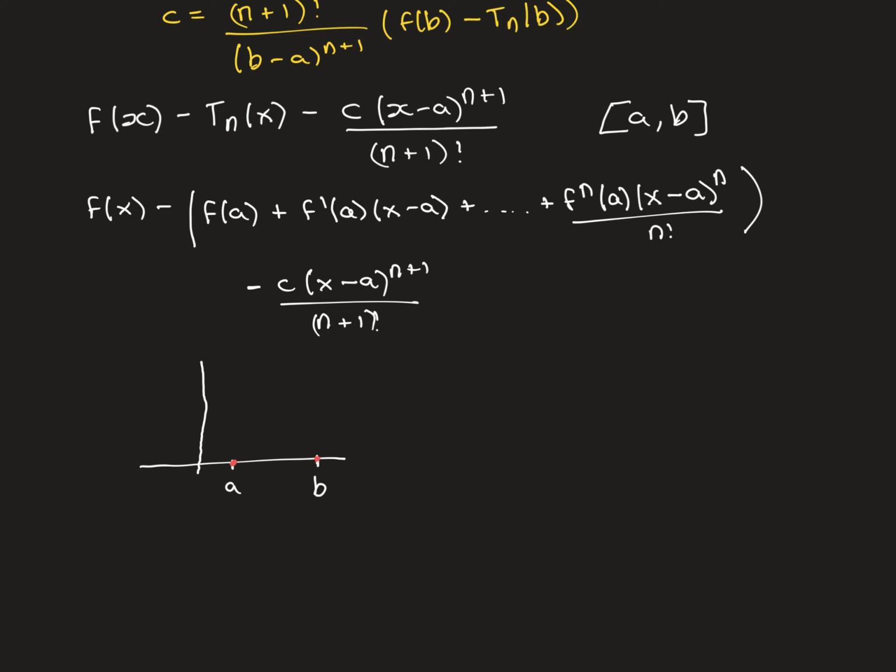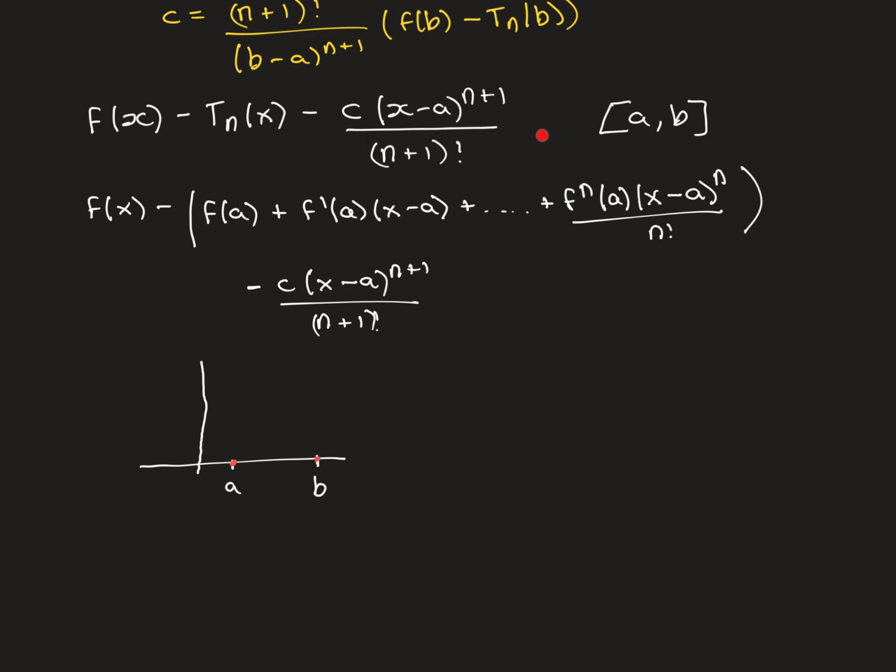Now what we're going to do is apply Rolle's theorem to our function. So Rolle's theorem, remember, says that if you have a function that's defined on a closed interval from a to b, and the value of the function at the two endpoints is equal to one another, which in this case it is, they're both equal to 0, and you know that the function is continuous everywhere over the entire closed interval and it's differentiable everywhere over the open interval, then you can conclude that somewhere inside the open interval from a to b, the first derivative is equal to 0.